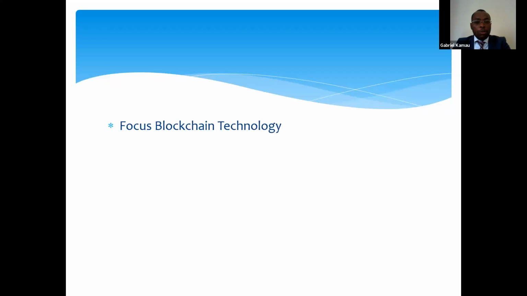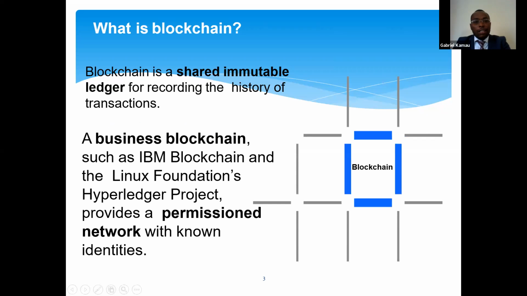And why the focus is blockchain is, if you're able to implement a blockchain system, it means that you will have used all the other technologies. To start with, I just want to explain what a blockchain is. I know currently we have systems running in our hospitals or other organizations, and we use databases.